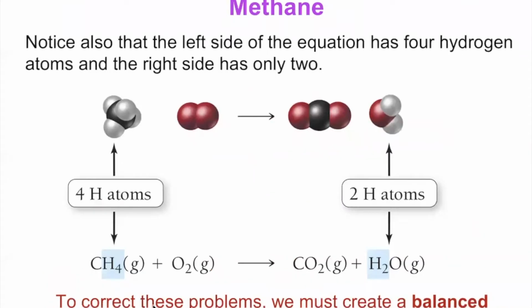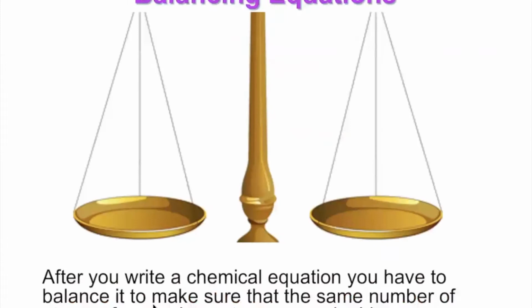Notice also we have 4 hydrogens on the reactant side and we only have 2 hydrogens on the product side. Once again, this does not follow the law of conservation of mass, which means we are going to have to balance the equations. And the way we're going to do it is by balancing the number of each atom. We want to make sure that they're the same on both sides.